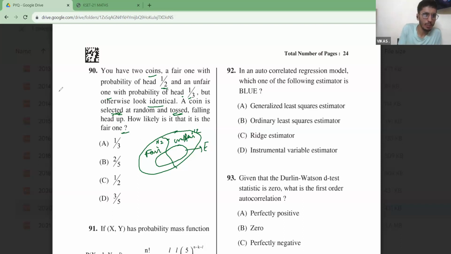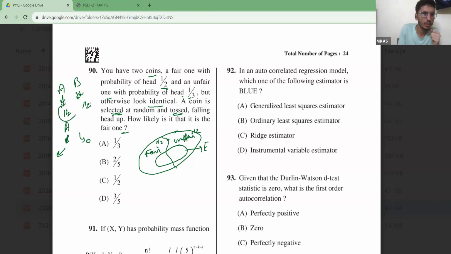For example, if I have two persons, A and B, and I have to choose them, and they are both unknown and the same to me, the probability of choosing A and B is the same, 1 by 2, 1 by 2. But when I choose one of them, the difference comes: A will result in something else, B will result in something else.